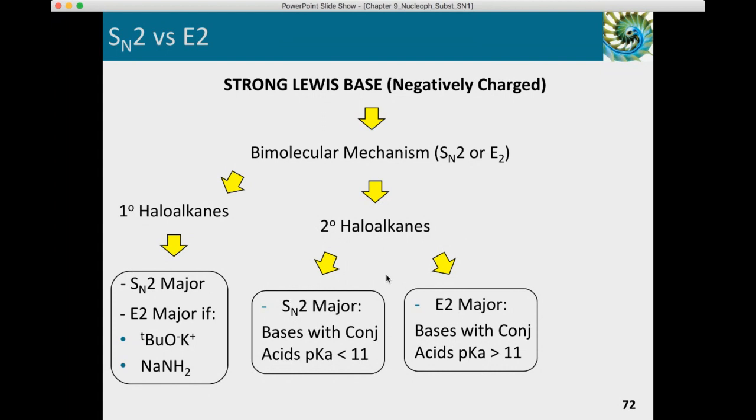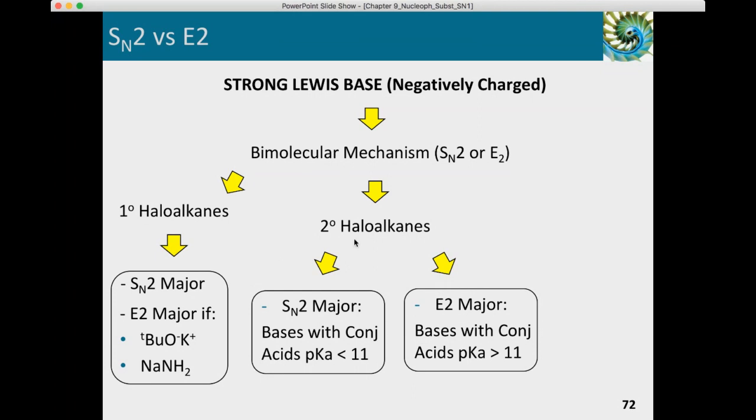So what determines if the reaction goes through SN2 or through E2? Well, if the Lewis base is a better base, it will lead to elimination. If it's a better nucleophile than base, to substitution. How do you know that? Well, simply, you have to think about the conjugate acid.